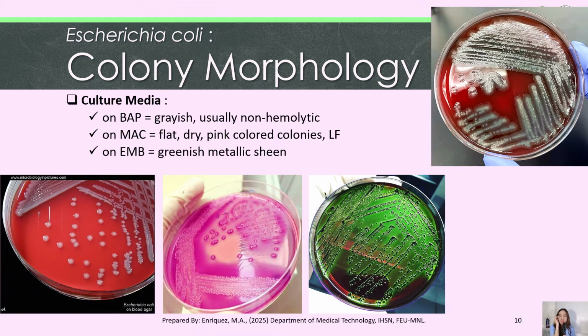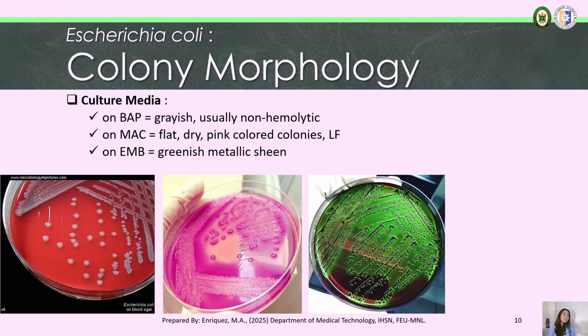So, it's quite nice to look at, no? Maganda po sila tignan, no? So, ayan, again, on BAP, pag may metallic colonies po kayo na nakita on blood agar plate, it's most likely Pseudomonas aeruginosa. Pero kapag sinabing EMB, tapos green metallic sheen po ang na-observe natin, then what we're looking at is Escherichia coli.